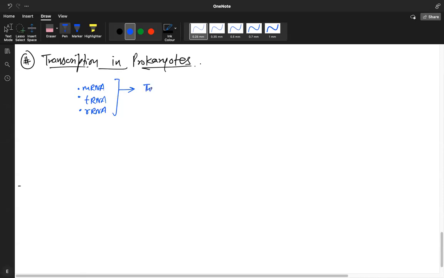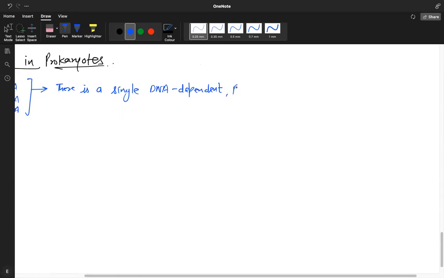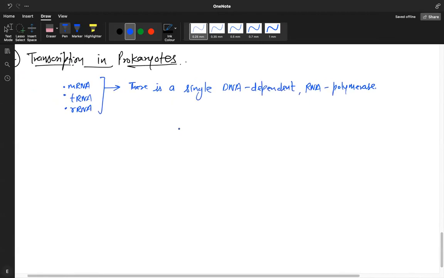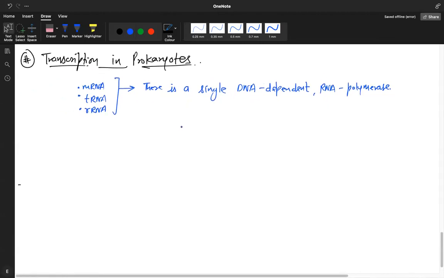So write down, in bacteria there is a single DNA dependent RNA polymerase that transcribes all the three major types of RNAs.